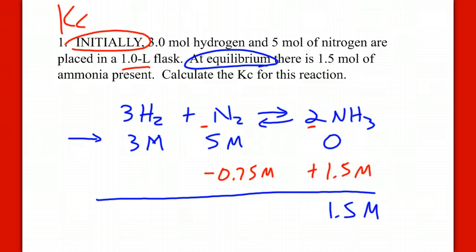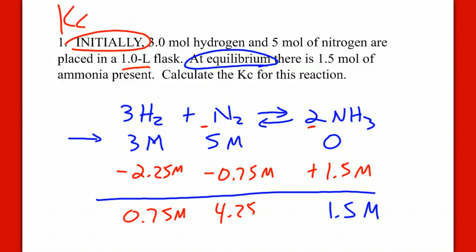And then if I used up 1 nitrogen, I used up 3 times as many hydrogens, so I'm going to subtract 2.25 there. So that gives me at equilibrium 0.75 moles per liter of hydrogen left over and 4.25 moles per liter of nitrogen.